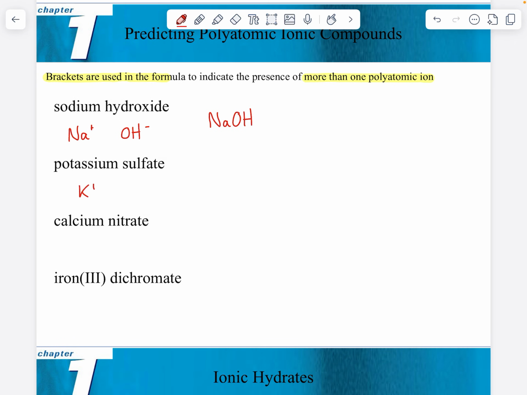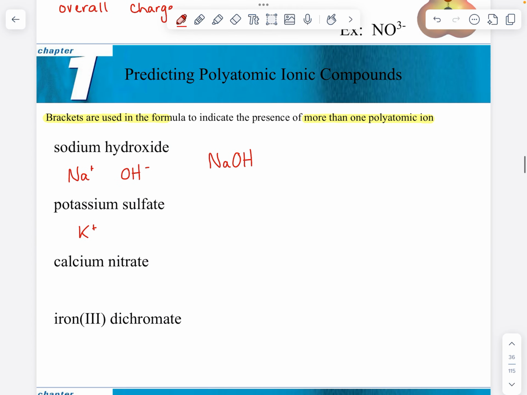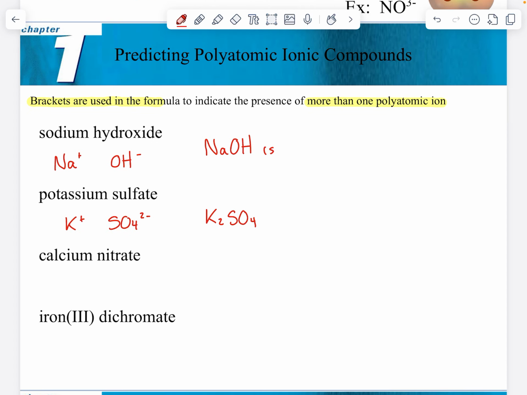Potassium is a plus. Sulfate, so I go to my chart, look for sulfate, which is SO4 2 negative. Okay, those are balanced. I'm going to need 2 potassiums to balance it. So K2SO4. So notice I have no brackets on those ones because we only needed one of each of those polyatomic ions. And then, sorry, they would both be solids since they're still ionic compounds.